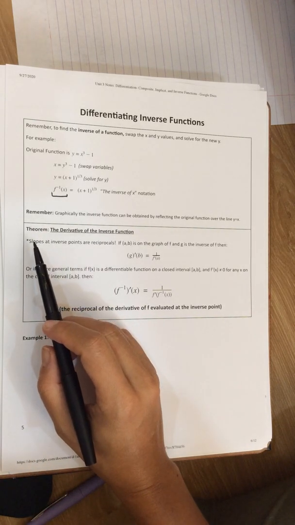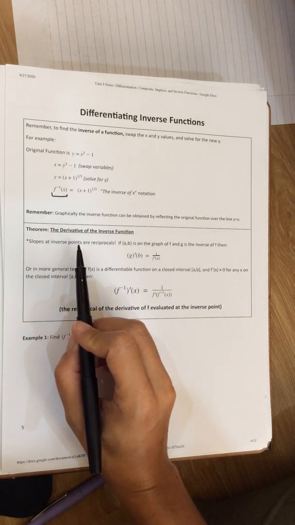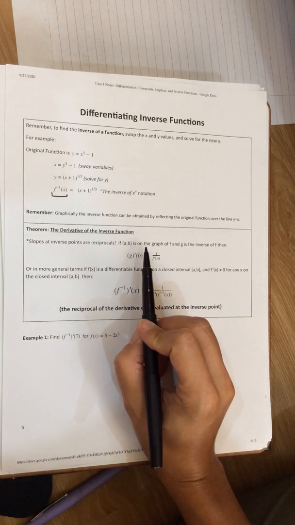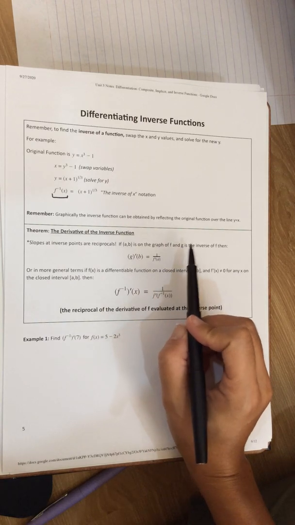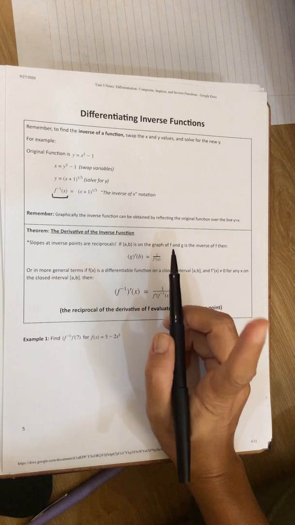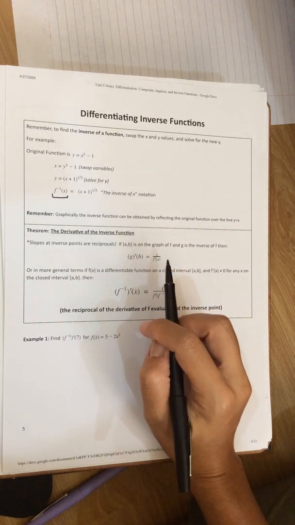So let's read this. Slopes at inverse points are reciprocals. If the point (a, b) is on the graph of f, and g is the inverse of f, then the first thing we need to know is that we're talking about this specific point (a, b), an x and y coordinate.